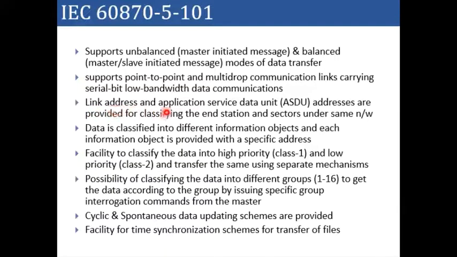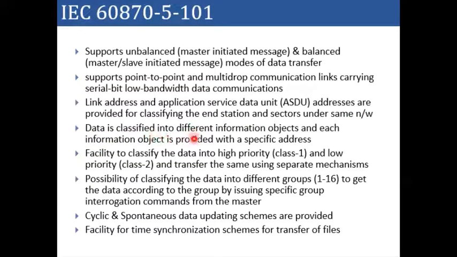The link address and the application service data unit, that is ASDU, addresses are provided in 101 for classifying the end station and sectors which are there under the same network, so that the application knows to which process or which device the data has to be sent using these addresses.